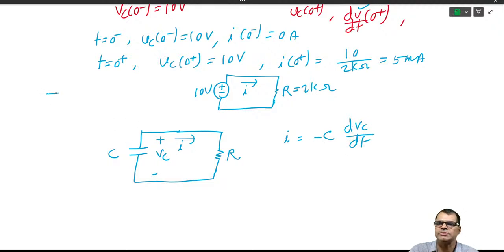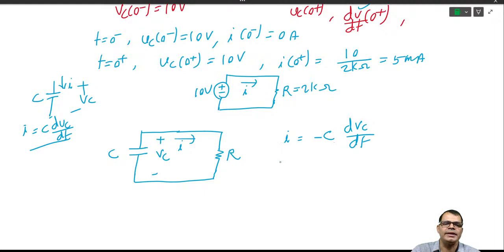You know the dynamic equation for the capacitor is I equal to C dVc/dt, but it is showing opposite here.